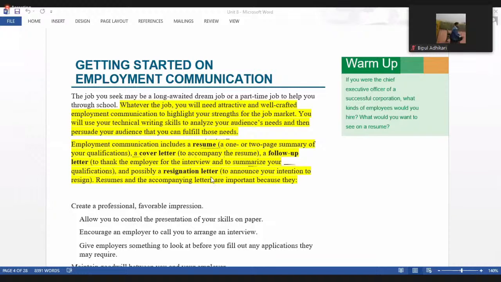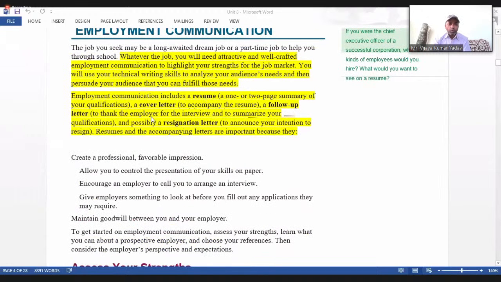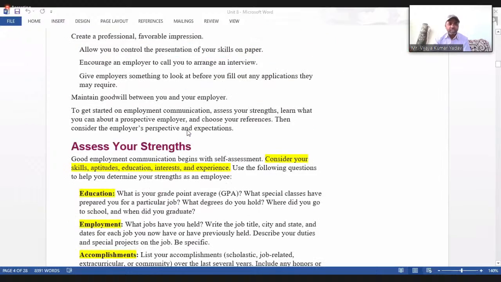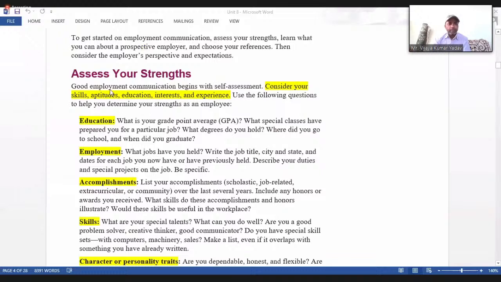Okay, so see here what is given, assess your strengths. I mean, if you are going to write resume or cover letter or follow-up letter, resignation letter, what are the things you keep in mind? That is given here. Good employment communication begins with self-assessment. Self-assessment means self-evaluation.